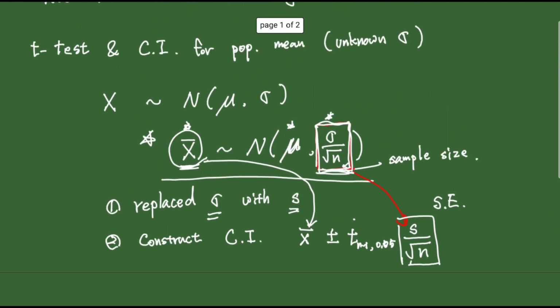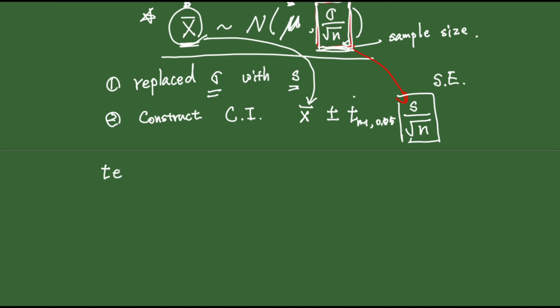And for the t-test, our null hypothesis is like this: we want to test whether our population mu is some specific number mu 0, and our alternative hypothesis is that mu is not mu 0.